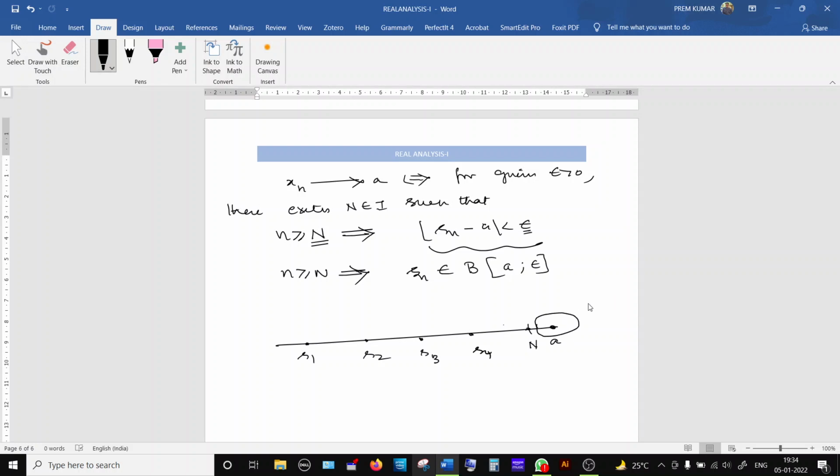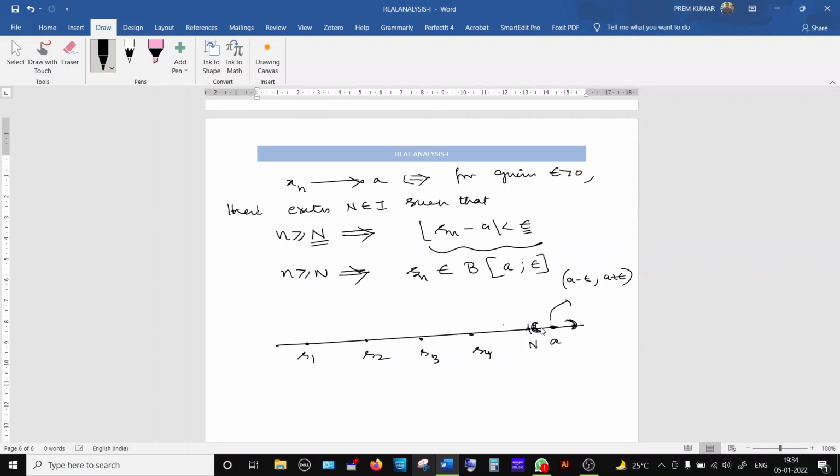Sorry, in the real line, an open ball is an open interval: A minus epsilon to A plus epsilon.